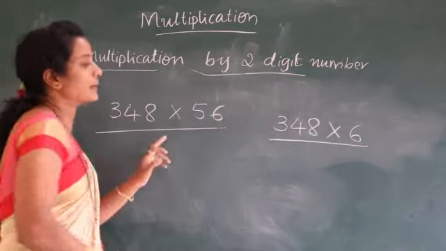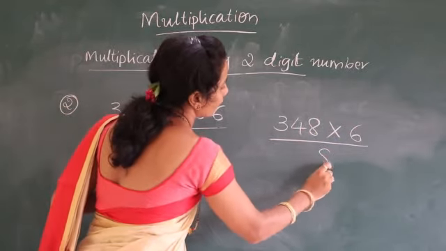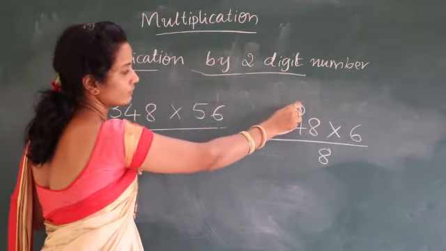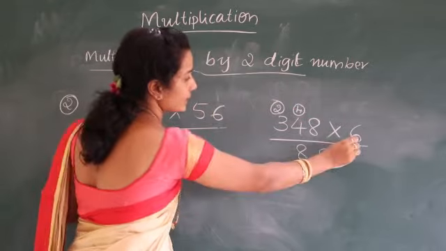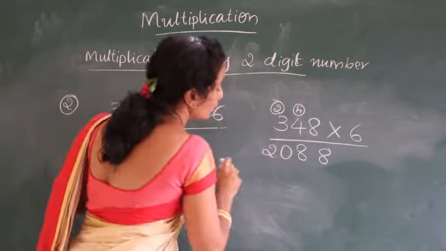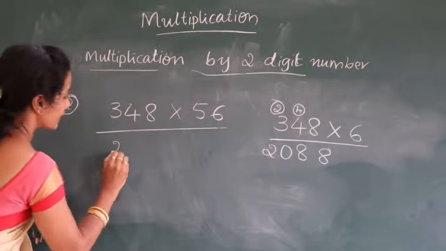Always multiply from the unit place. 6 8s are 48, 4 is carried, 6 4s are 24, 24 plus 4 is 28, 2 is carried, 6 3s are 18, 18 plus 2 gives you 20. Now what is the answer you got here? Please write it here.